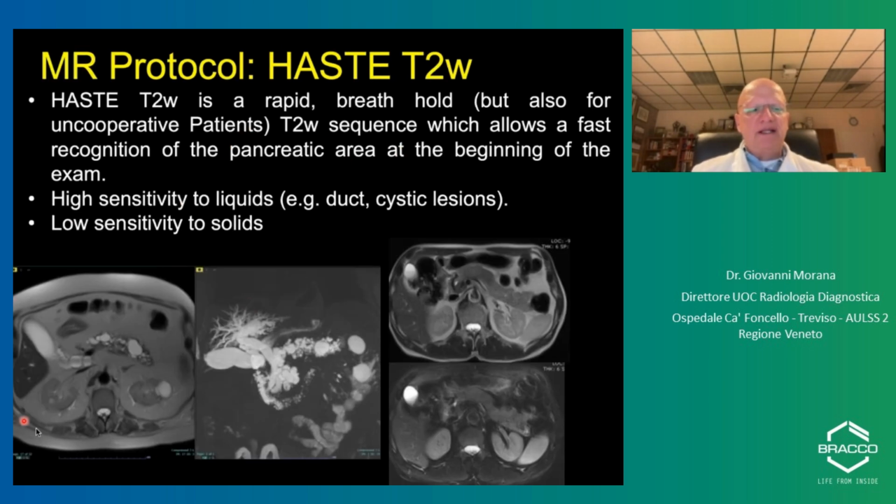Why HASTE T2? HASTE T2 is very fast, 1 second for each image. It is very well performed also in uncooperative patients. Very high sensitivity for cystic lesions, and in case of solid lesions, it's just useful for the anatomy. But for the anatomy, we can see a comprehensive view of the upper abdomen.